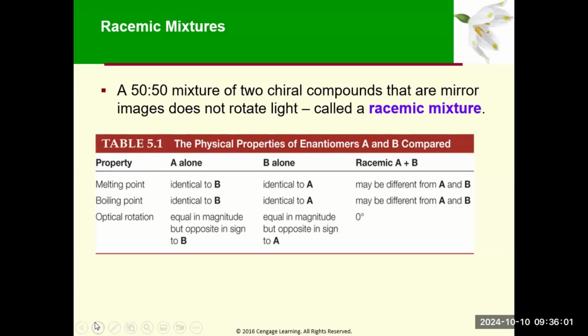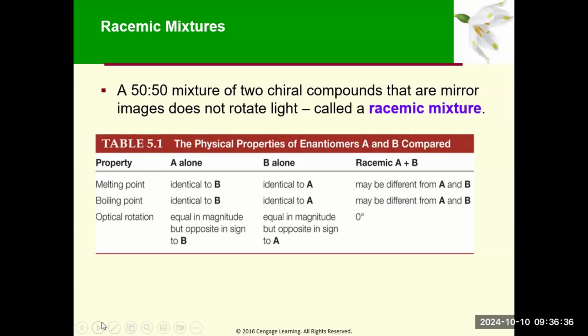Again, just highlighting, a racemic mixture means that it's a 50-50 mixture of a chiral compound. Because the magnitudes are equal but in opposite directions, they actually cancel out each other. And so the optical rotation of a racemic mixture is going to be 0. There'll be 0 degrees, and that's because they cancel out each other. So if it's plus 23 plus minus 23, that equals 0.